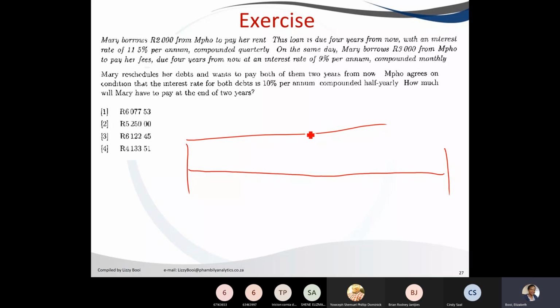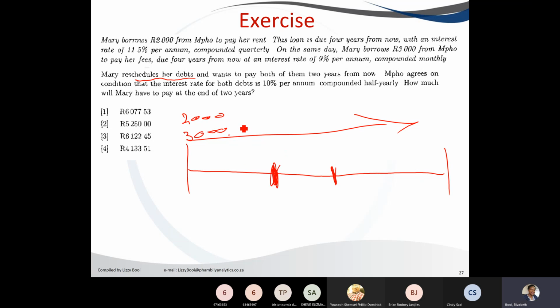So she borrows the 2,000 and also the 3,000 at the same time. Everything is still going. But before everything starts, she wants to settle her debt quickly in 2 years.